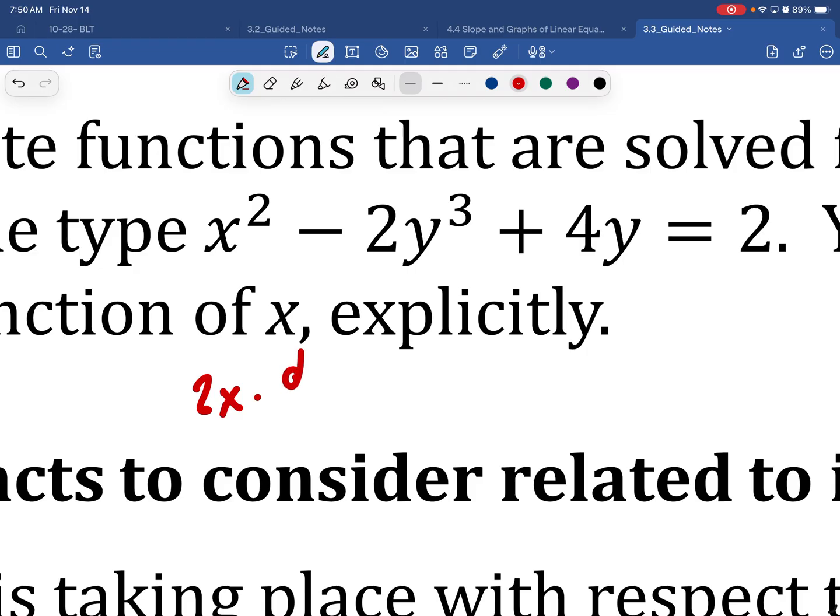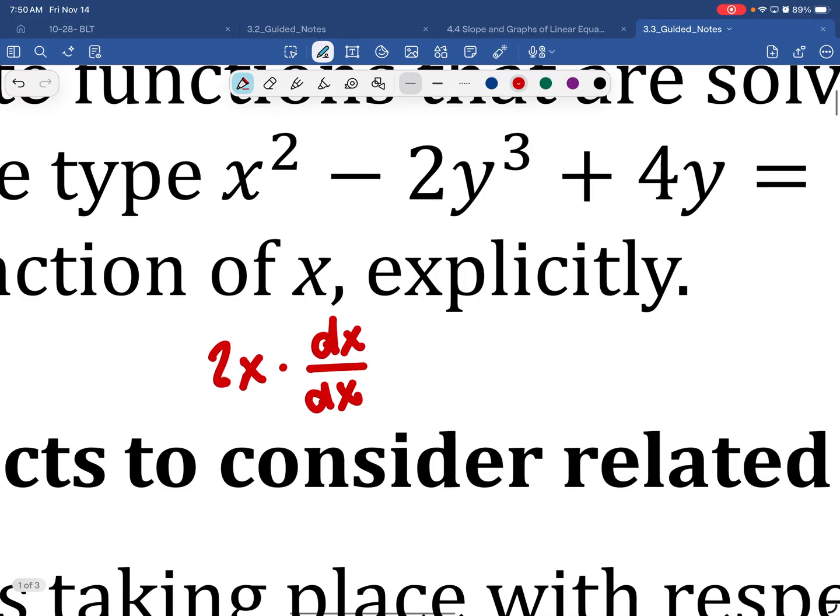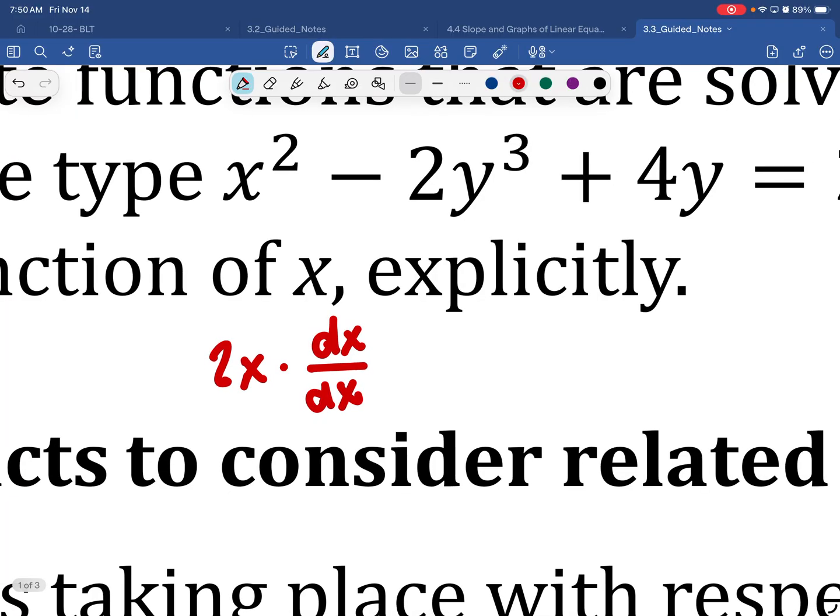You could write it like this: the change in x with respect to the change in x. Well, however much x changes is exactly how much x changes. So these two numbers are going to be the same, and you still get 1. You see a lot of this kind of notation, though, the fraction notation with derivatives, still 1, and you're left with just that. And then you go to the next one.